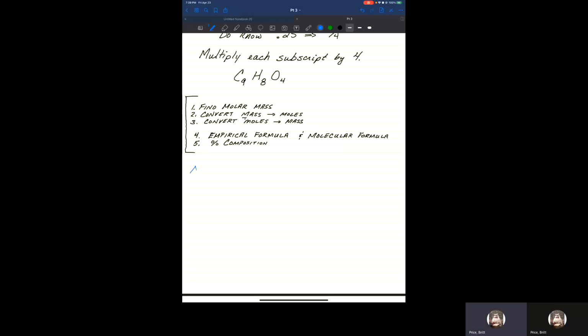So the last section in this chapter talks about molarity. And molarity is moles of solute per liter of solution. Molarity is a concentration.